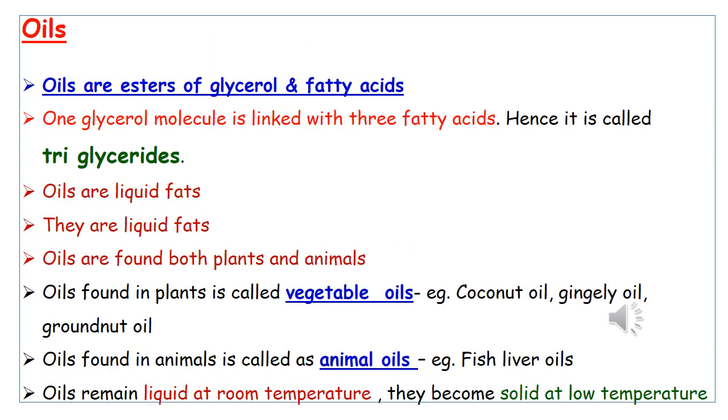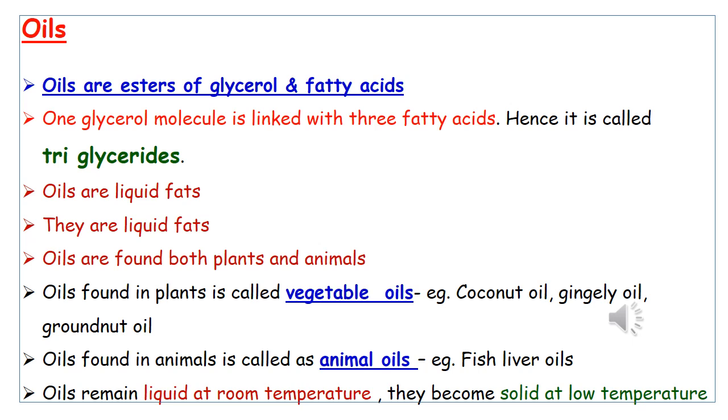Oils. Oils are esters of glycerol and fatty acids. One glycerol molecule is linked with 3 fatty acids, hence it is called triglycerides. Oils are liquid fats. Oils are found in both plants and animals.